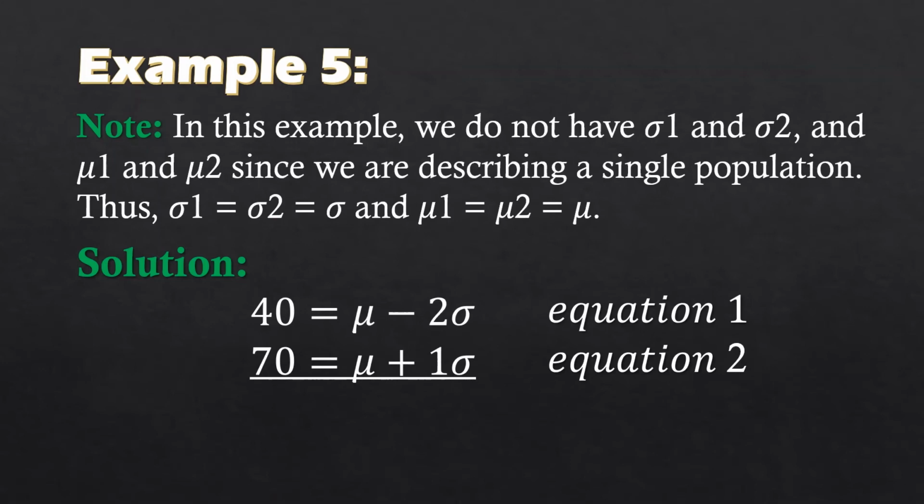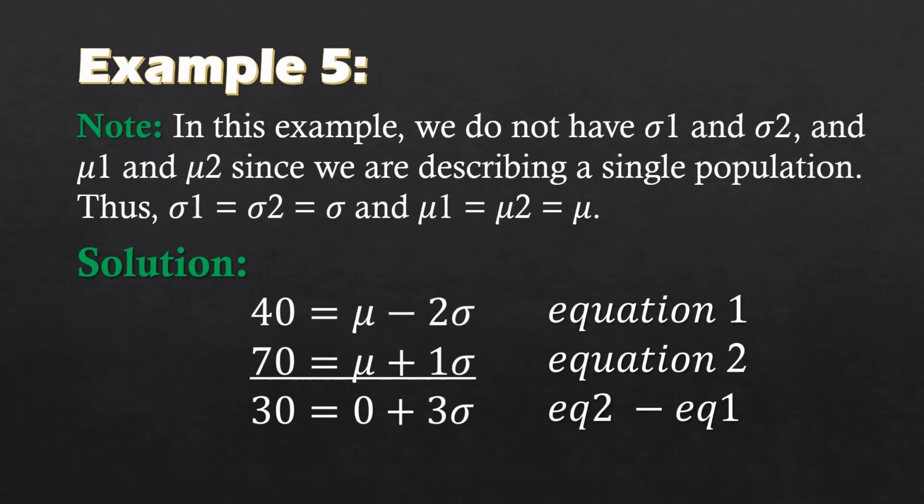We are going to subtract equation 1 from equation 2, so we have an invisible minus to our equation 1. So minus 40 equals mu minus 2 sigma. So 70 minus 40 is equal to 30. Then mu minus mu is equal to 0. So we eliminated the mu.